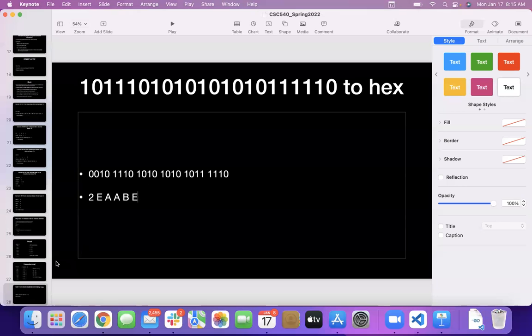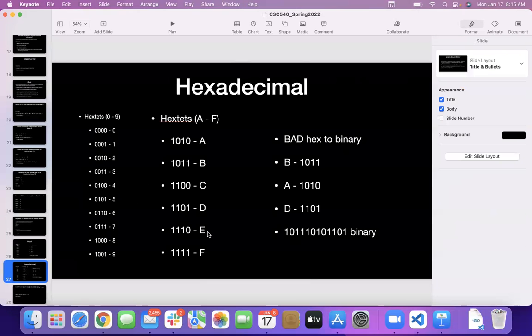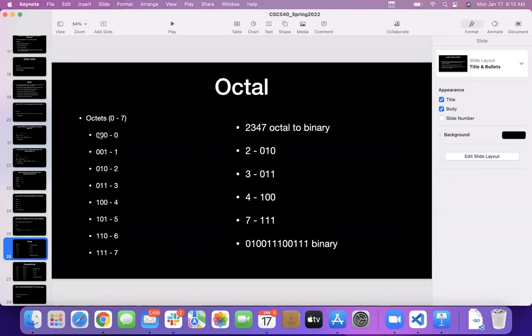Just to really ram that home, notice that I have written every single possible way of writing 4 bits next to each other here, and it just so happens that there are exactly 16 ways of doing it. That's why hexadecimal is compatible. For octal, I've done every single possible permutation of 3 bits, and it just so happens there are exactly 8 of them, which fills the entire octal numbering system.